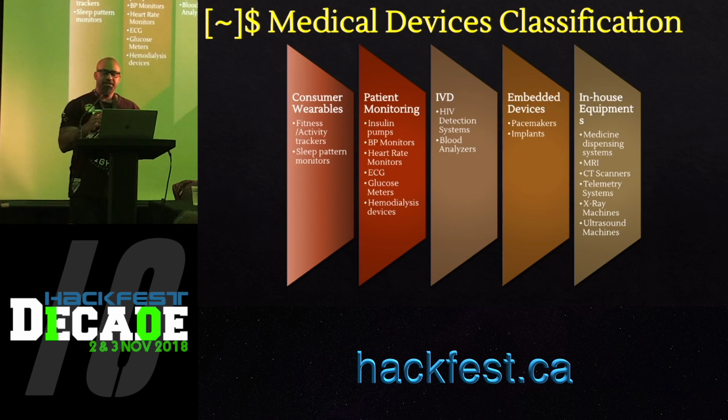And some of these devices that fall under this in-house equipment category, they are also referred to as legacy devices in the sense that they were never meant to be connected to a network, but because everyone is connecting everything, so why not these devices as well? And so I'll talk about in a bit how these devices are connected to a network and what kind of risk is then exposed from these devices.